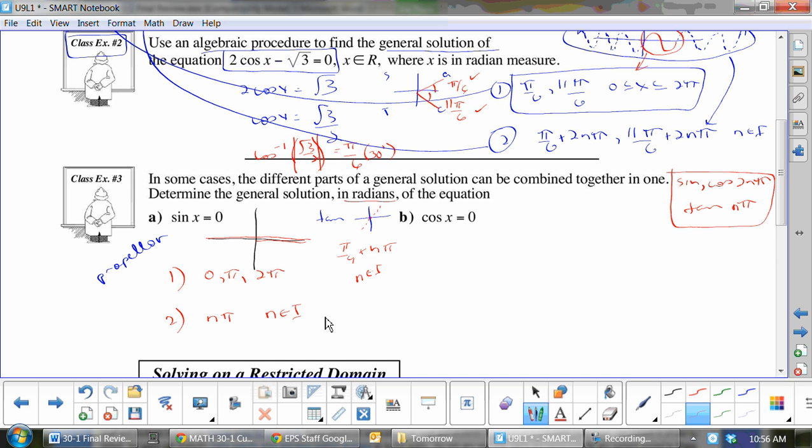Yes. Had me messed up because that was a while ago. It's like, what? Huh? That's good. Thank you. Okay. When does cos x equal 0? Yeah, be more specific.